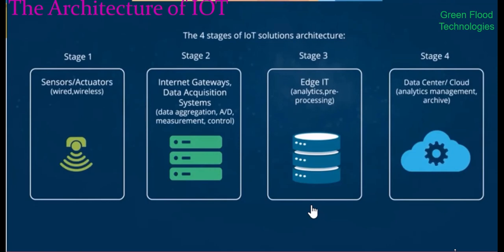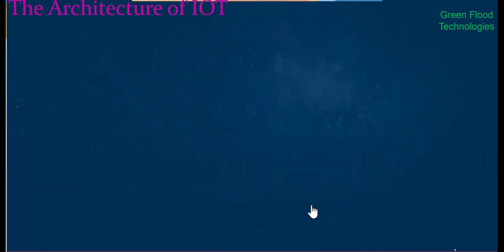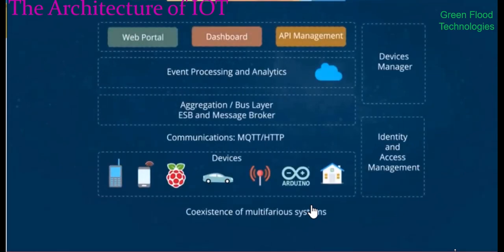Here, as you see on the graph: sensors and actuators, wired or wireless, internet gateway or data acquisition systems or data aggregation, edge analytics, pre-processing, data center, cloud analytics, management architectures.